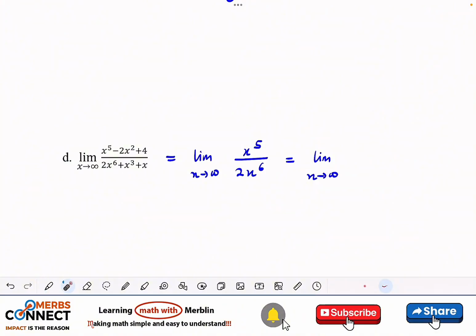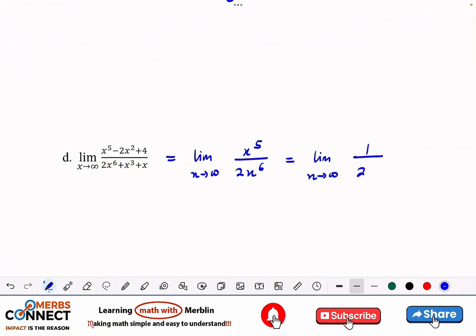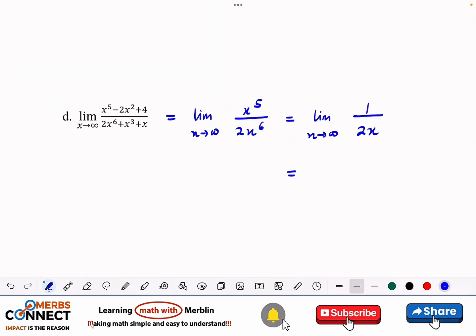We can cancel this and that. So I'm going to have 1 divided by 2x. And this is going to be 1 divided by infinity. And a small number divided by a big number is approximately 0. So this is going to be 0.